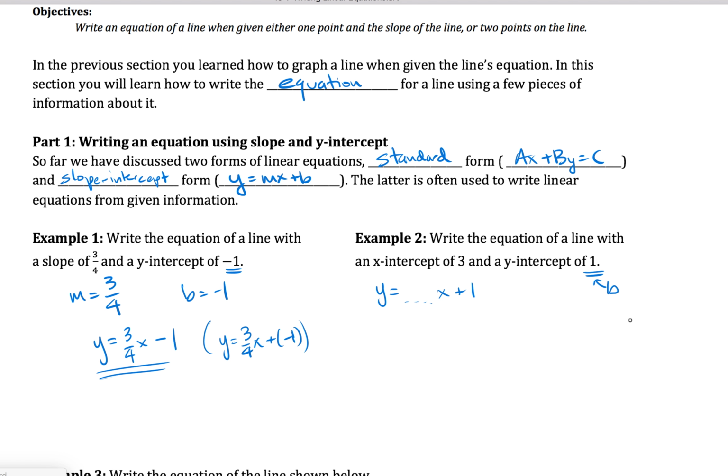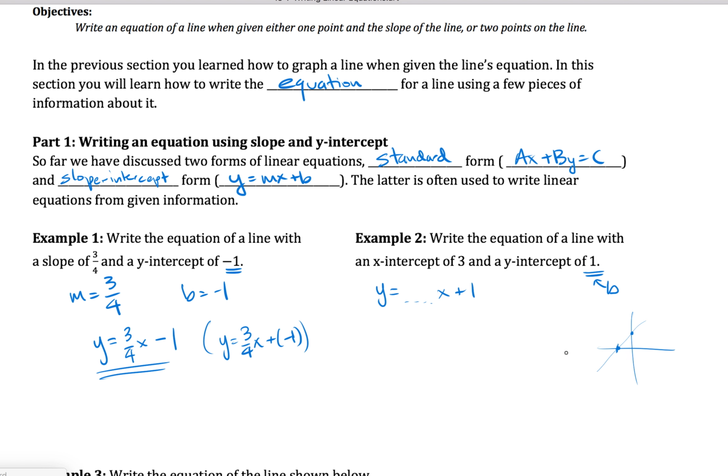Now remember, if I'm graphing a line, and so I've got my x and y axis like this, and then maybe my line looks like that, the x-intercept is the place where that line is going to cross the x-axis, and the y-intercept is the place where that line is going to cross the y-axis, right? So whatever the value is at x where that line crosses the x-axis, that's your x-intercept.